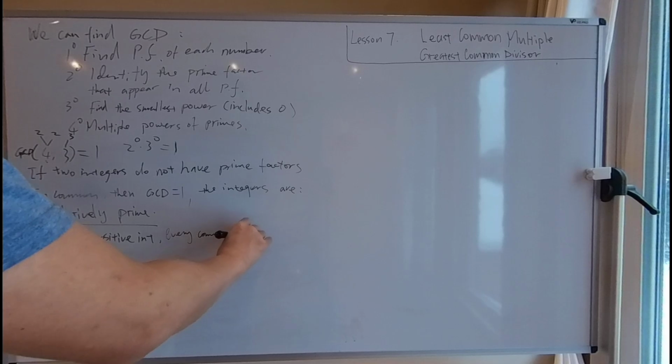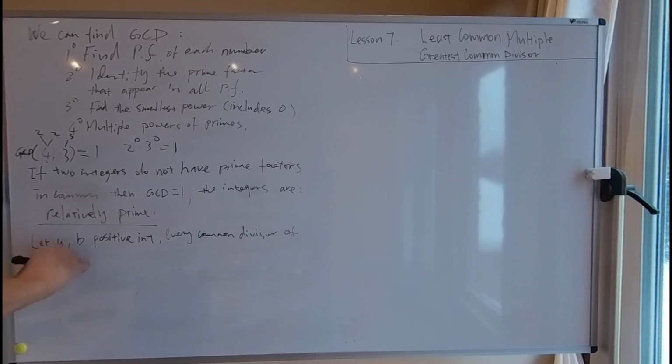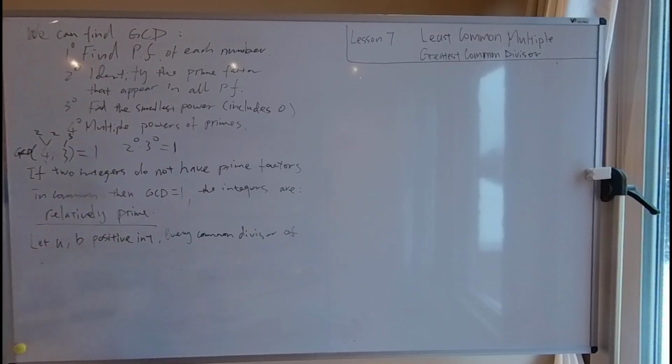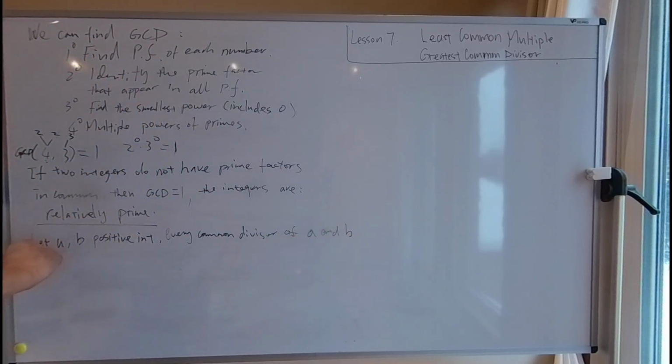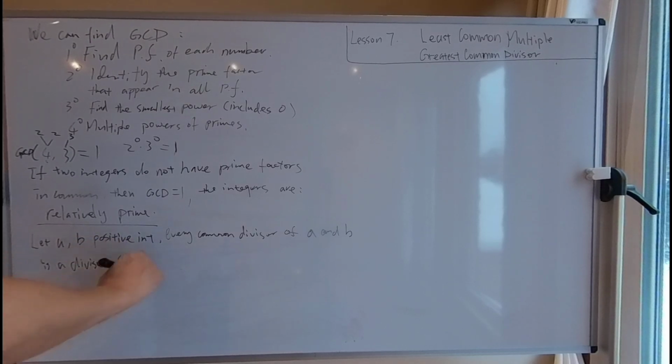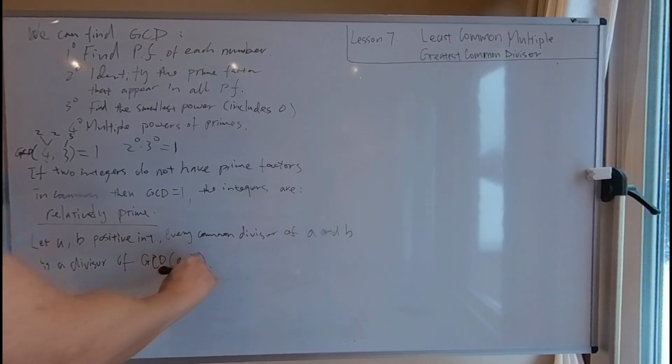Every common divisor of A and B is a divisor of the GCD of A and B. So this is quite natural: if a number is a divisor of A and a divisor of B, it must be smaller than or equal to the greatest common divisor.